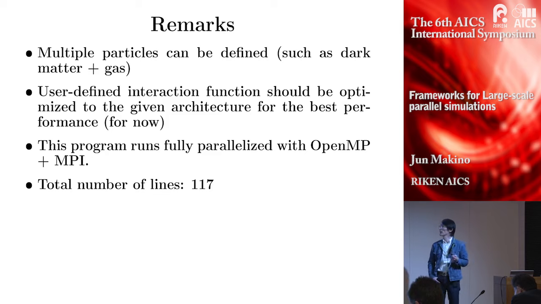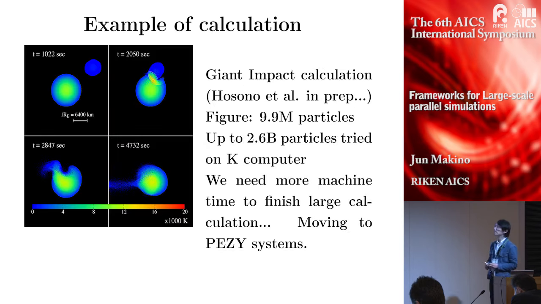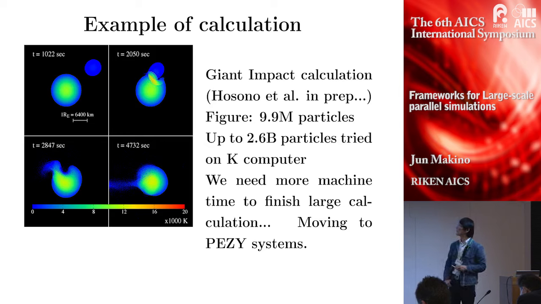This program actually runs fine, fully parallel, with and without OpenMP or with and without MPI. And the total number of lines for the user code is pretty short, roughly 120 or so. And this is an example calculation of the giant impact estimation.